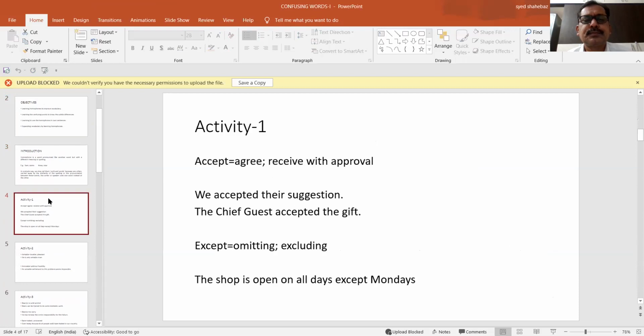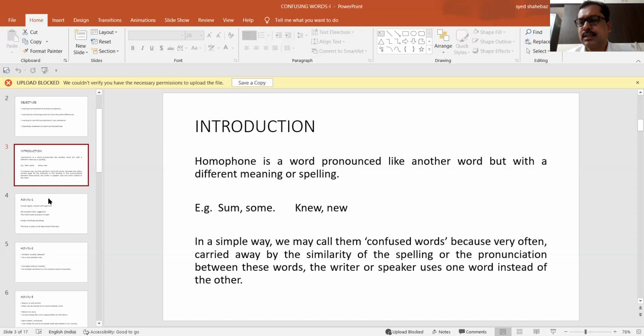I read the introduction. It is very important. In the area of vocabulary, next to synonyms and antonyms, the important and interesting item is homophone. The Oxford Advanced Learner's Dictionary defines a homophone as a word pronounced like another word but with a different meaning or spelling.